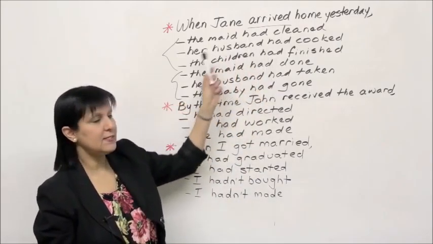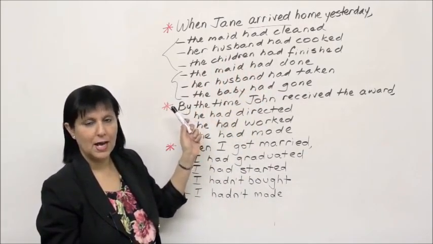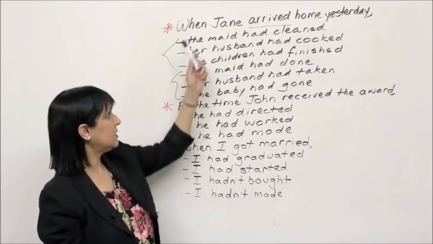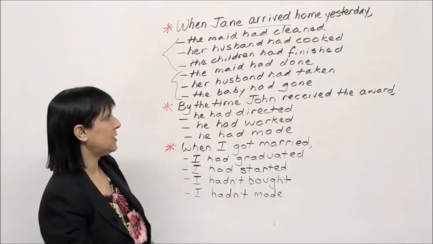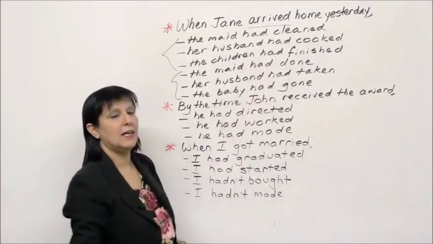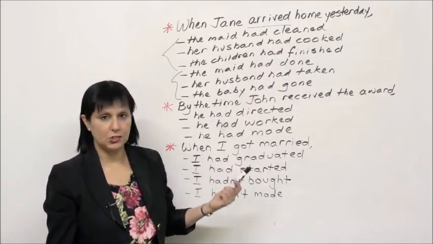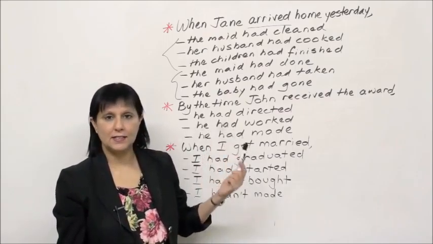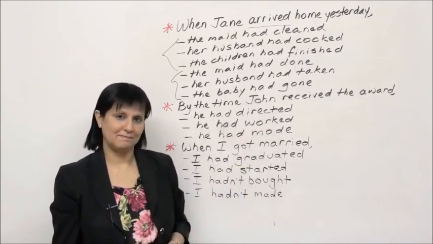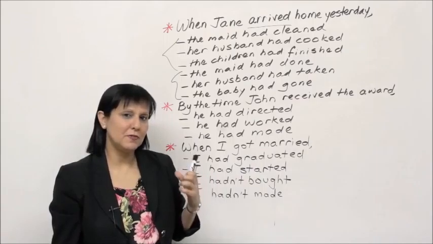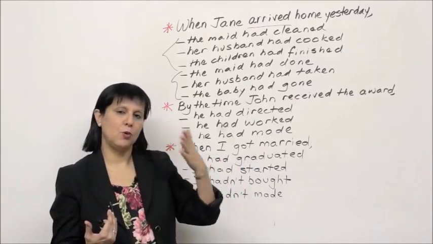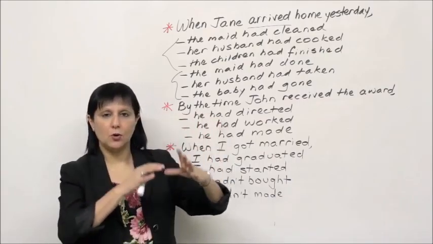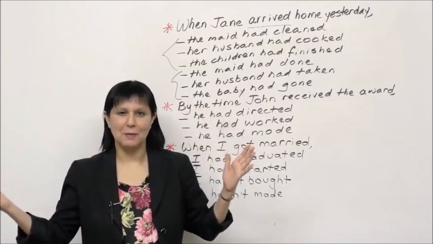So all of these things we know happened before Jane arrived home. And we know that because we say had cleaned, had cooked, had finished, had done, had taken, and had gone. Okay? So that past perfect tense shows us what things happened first and what happened after, even though all of it happened in the past.